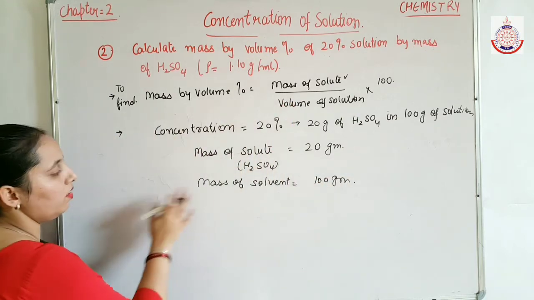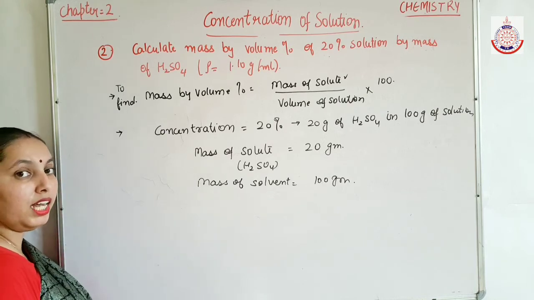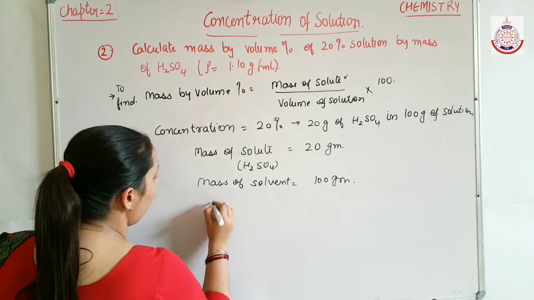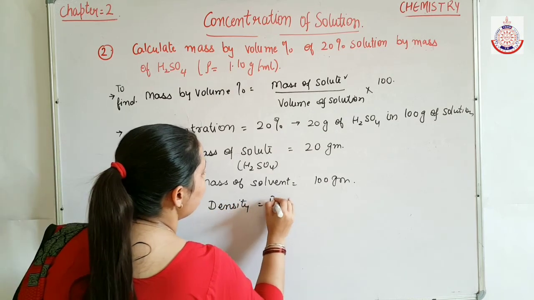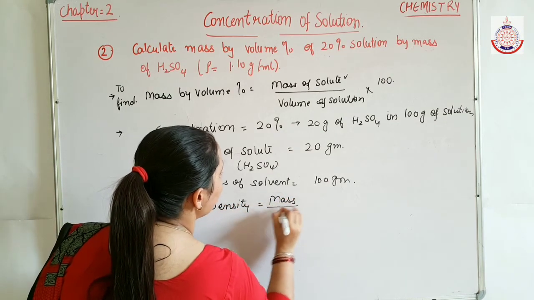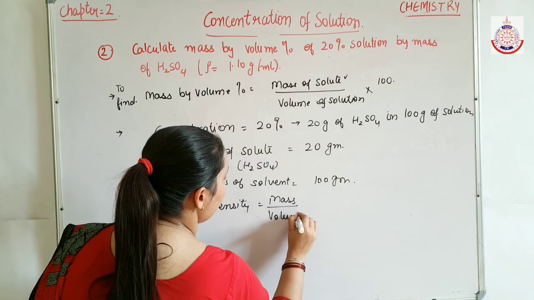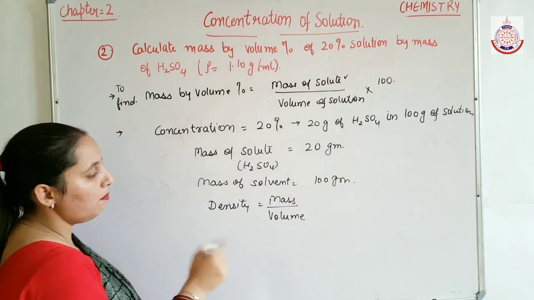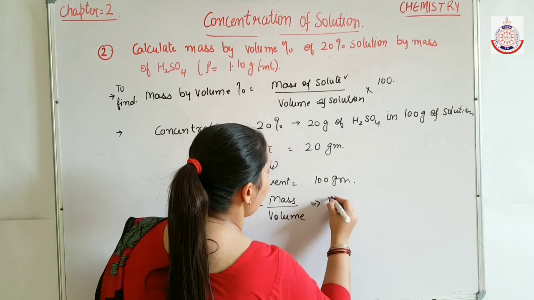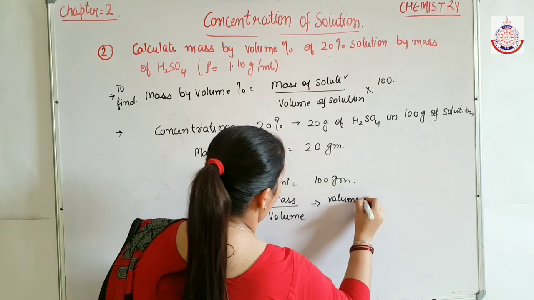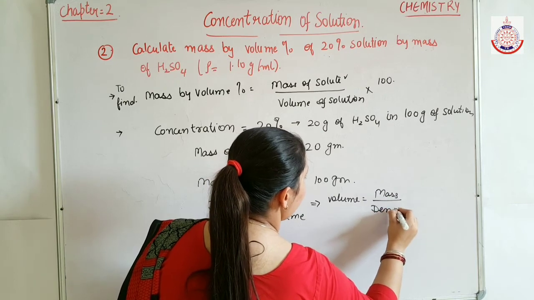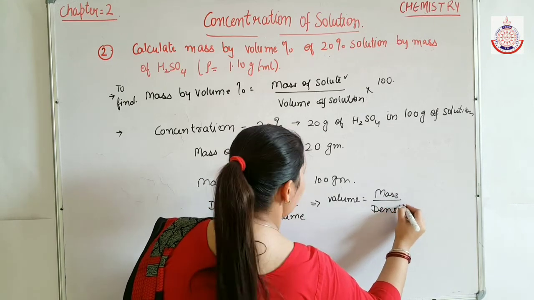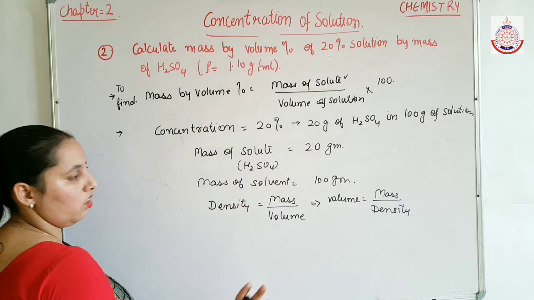We are not dealing with the mass, we are dealing with the volume. So you know the formula for density. Density is equal to mass per unit volume. From here can you find volume? Yes, volume is equal to mass over density.